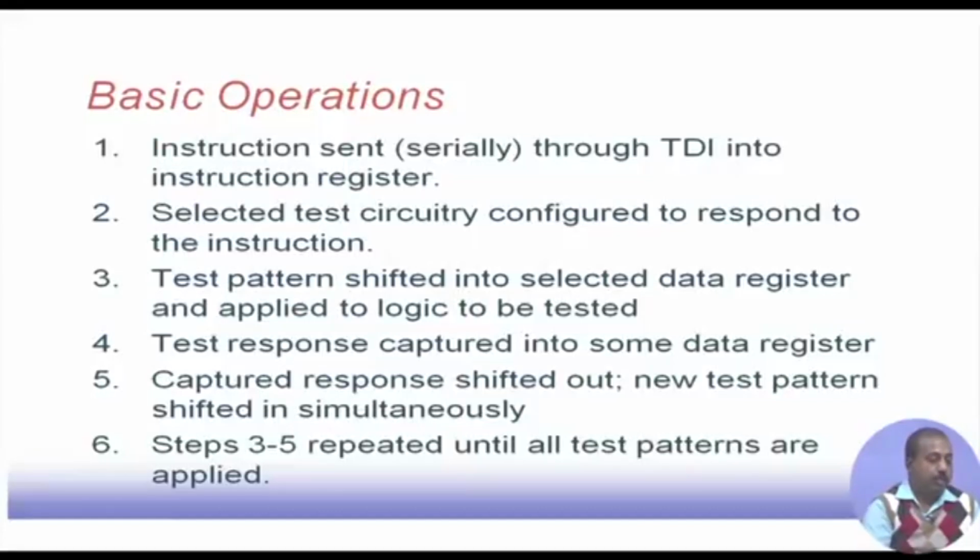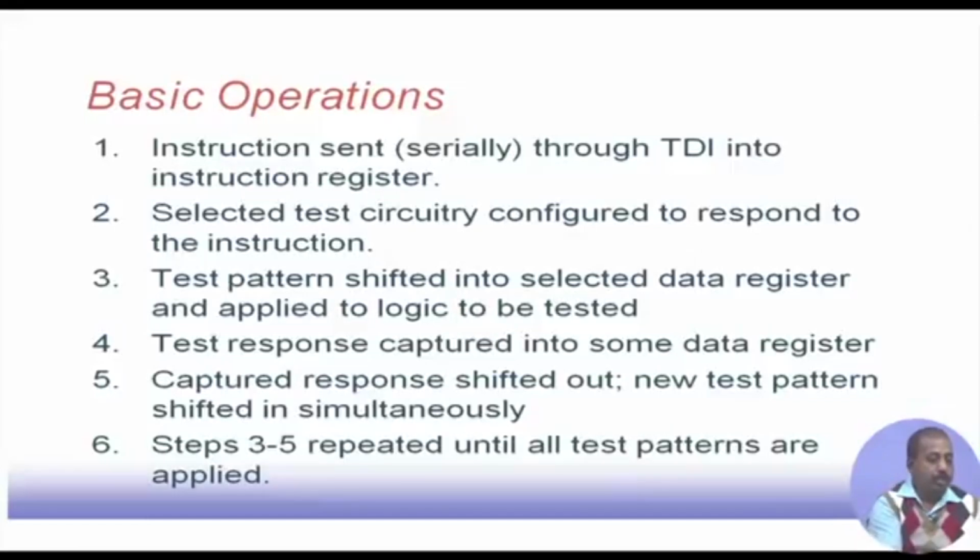The instruction register content is decoded, and based on that the other controls are set so that these operations are done. The test response is captured into some data register, and the captured response is shifted out while the new test pattern is shifted in simultaneously. This is true for any scan chain configuration: the previous response and the current pattern are shifted in parallel.